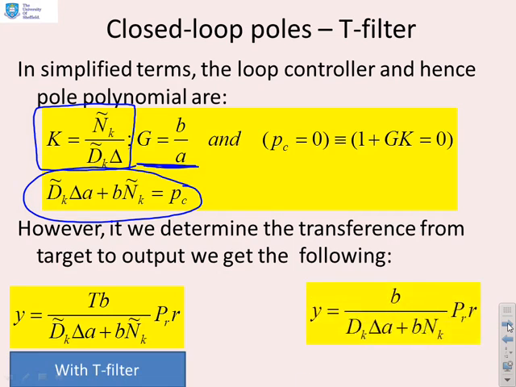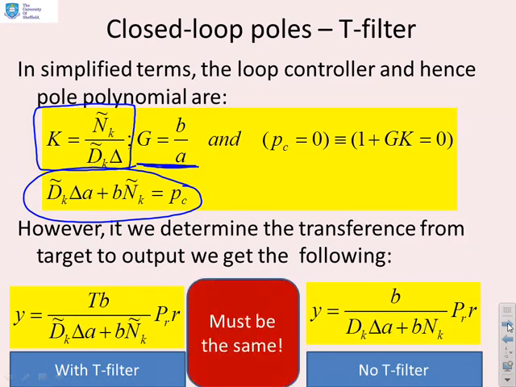Now if you remember, without a T filter we had this expression over here, and the interesting thing is they must be the same, because all the T filter does is basically give you a different mapping for noise or disturbances. If there was no noise and no disturbances, you must get identical mappings, because you're minimizing the same performance index with the same degrees of freedom.